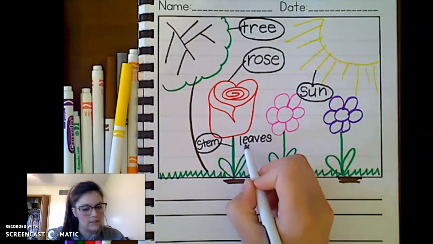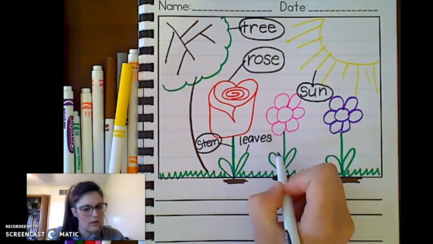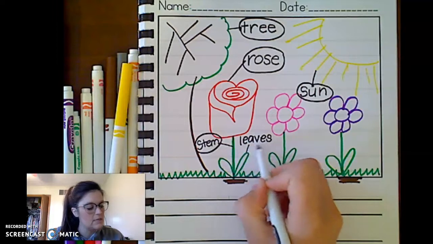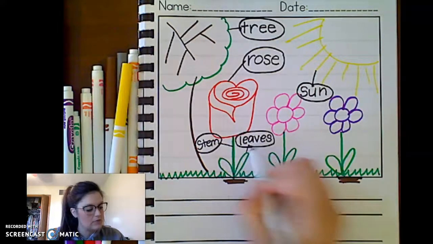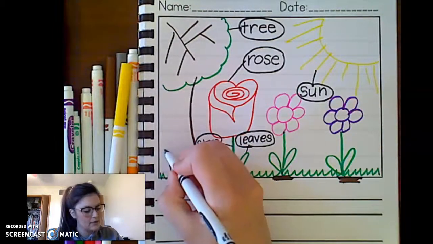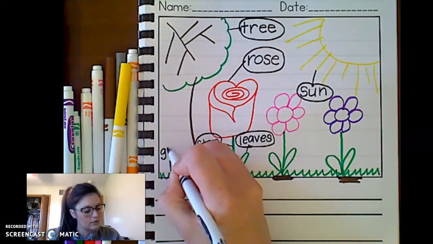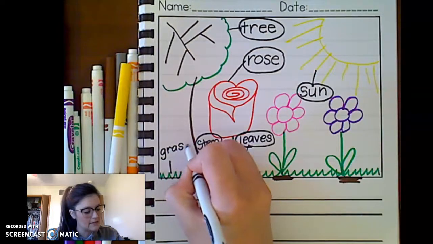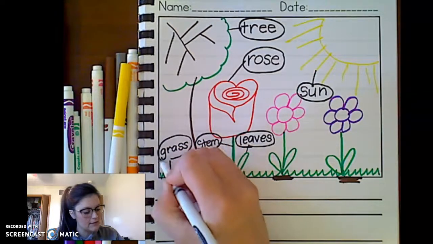The first one does the talking, so here's the two vowels that go walking. This one's going to say its name and that other one's just kind of going to run away. So this is eaves. So we have leaves, okay? We could even label the grass. Grass, okay?